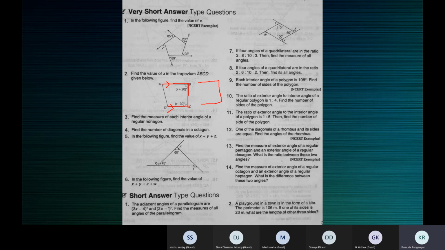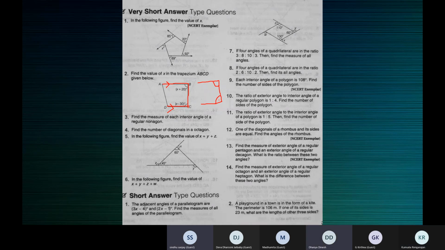Here are the angles. Using the property of parallel lines intersected by a transversal, what is the relationship between these two angles? Are they interior angles or exterior angles?